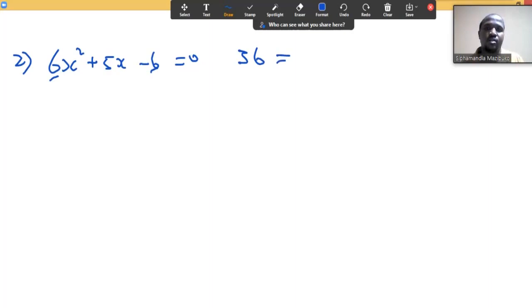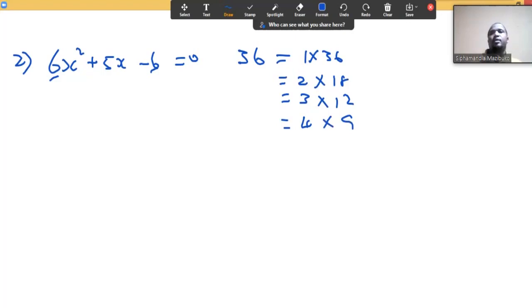So 36 is equal to 1 times 36, the same as 2 times 18, 3 times 12, and 4 times 9, and 4 and 9 can give us 5. We're looking at 5 as our middle term. 5 can only come from 9 minus 4, right?